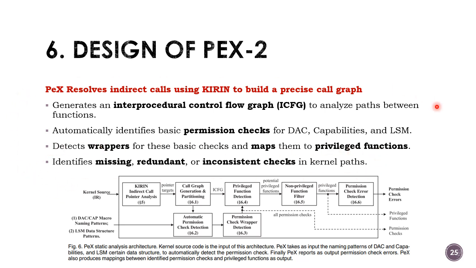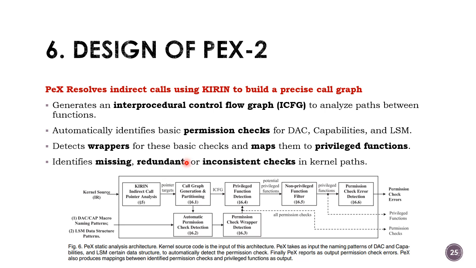To achieve these 4 key points, here we have figure 6 to illustrate the entire process. As we mentioned before, the input of the source code will be here, followed by indirect code pointer analysis. And in the second stage, we will have code graph generation, partitioning, and the automatic permission check detection.